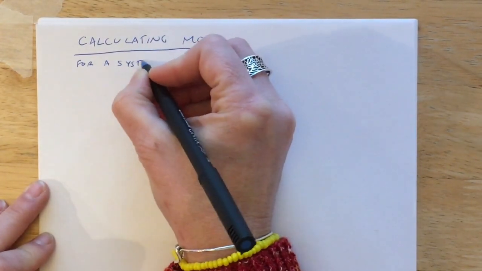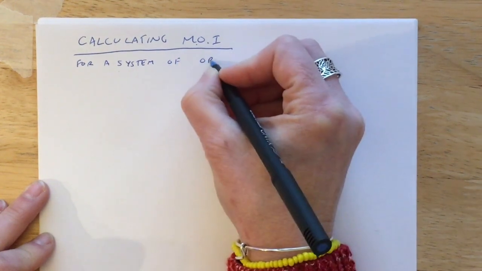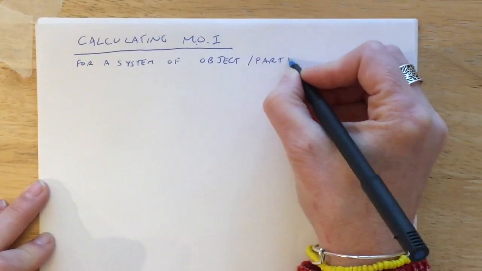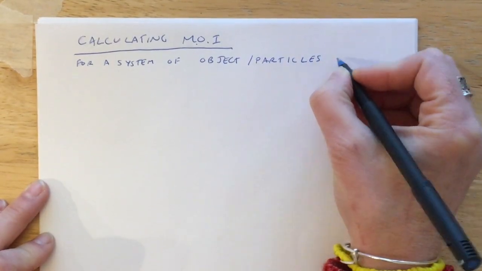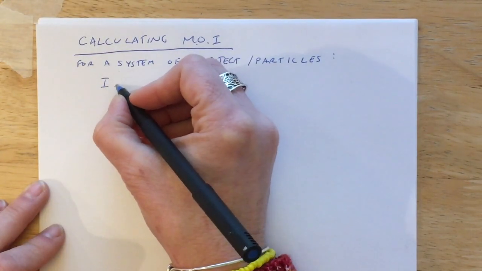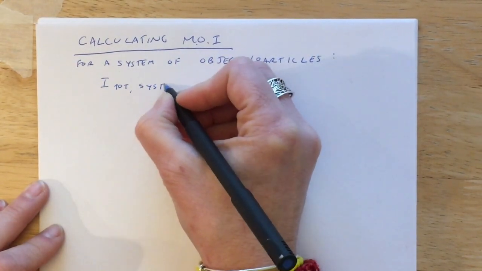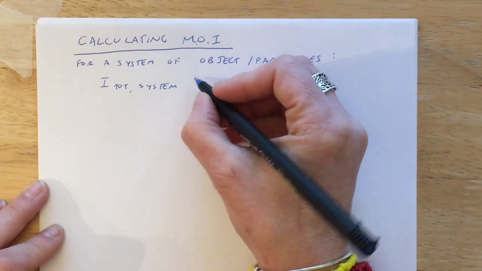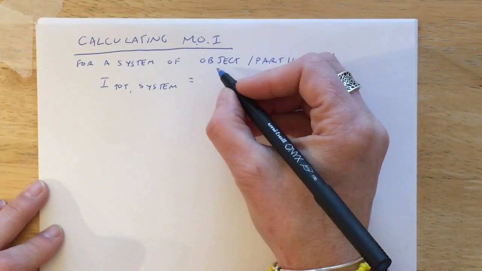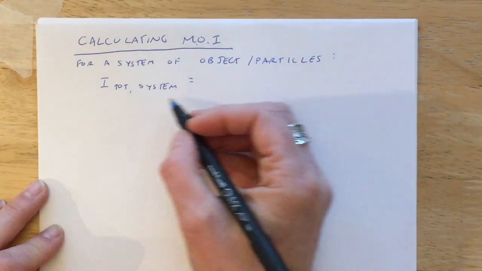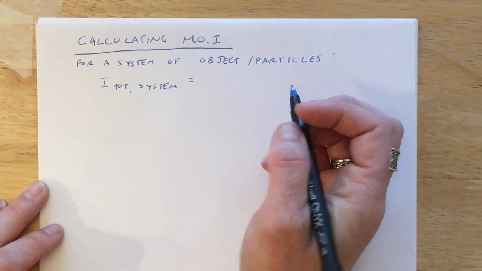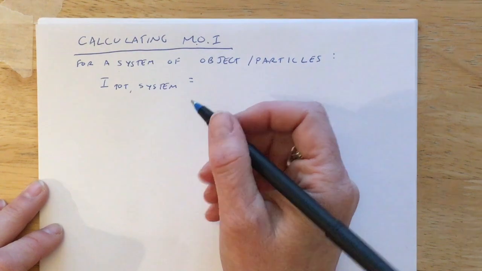For a system of objects or particles, you can find the total moment of inertia for the system by just adding the individual moments of inertia. Remember what moment of inertia is. It's the resistance to change in an angular velocity, analogous to mass for the linear world.